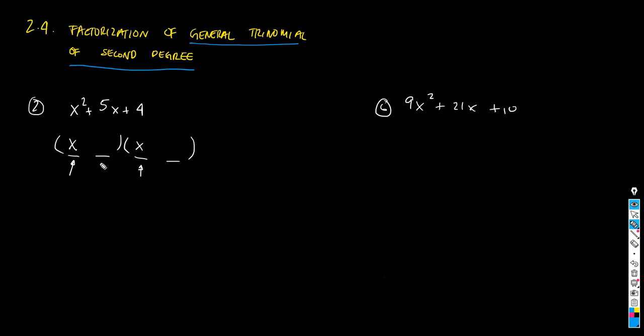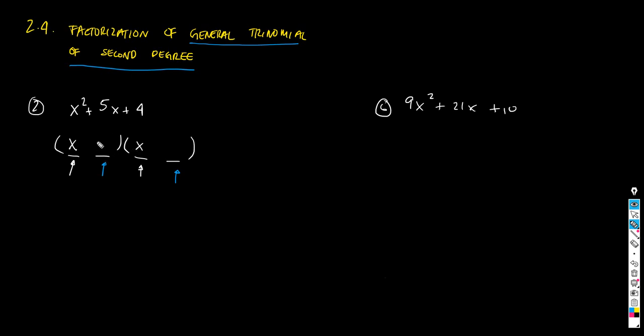And then you're going to have to find another two numbers, with their corresponding signs, such that their multiplication gives you the last term in the trinomial, which is plus 4. So what could those numbers be? Well, they can be 1 and 4, or 2 and 2. Both options give you plus 4 as their multiplication.